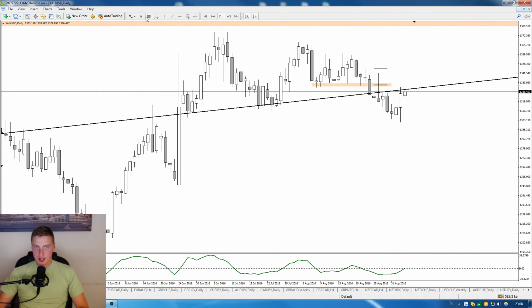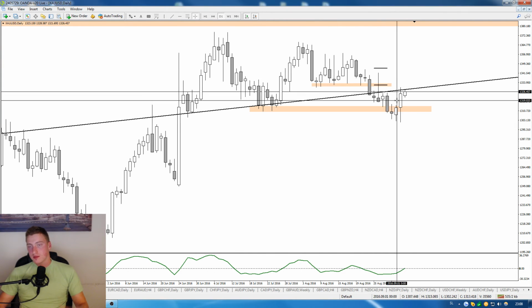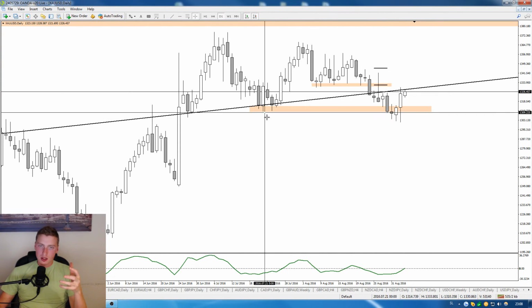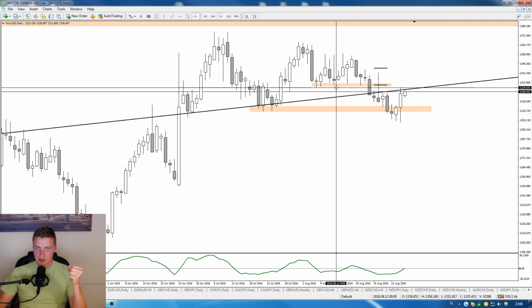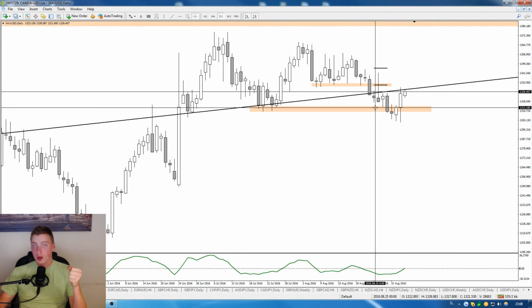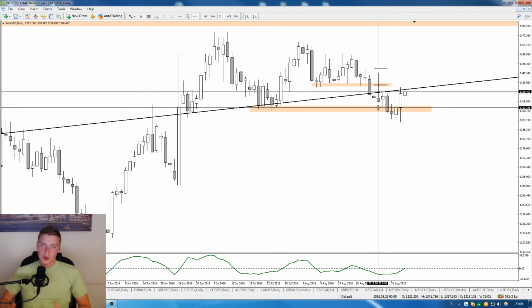So my whole idea might not be respected, and price might react to this support zone, not to this trend line and broken minor level. So we don't know. As traders, we predict. We trade profitable patterns, so we don't know.